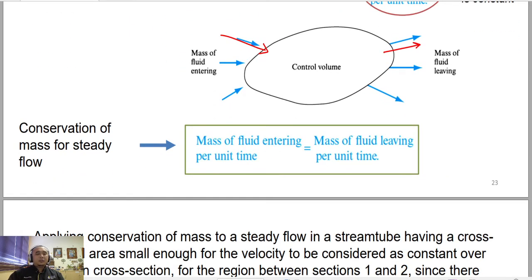Okay, conservation of mass for steady flow, saya dah beritahu tadi, mass of fluid entering per unit time is equal to mass of fluid leaving per unit time. Okay, ataupun mudah nak faham, mass in is equal to mass out. Alright, but dia punya syarat mestilah kita punya flow adalah steady flow.